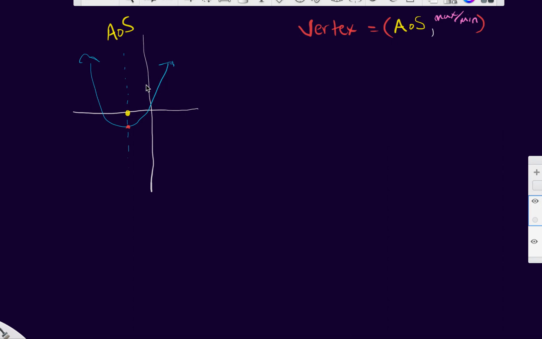All right, so my AOS, if I'm looking at a graph, I just see where it crosses the x-axis. And if I want to know what the y value of my vertex is, I just look and see where it exists along the y-axis. And say, okay, well, that's my min. y equals whatever.